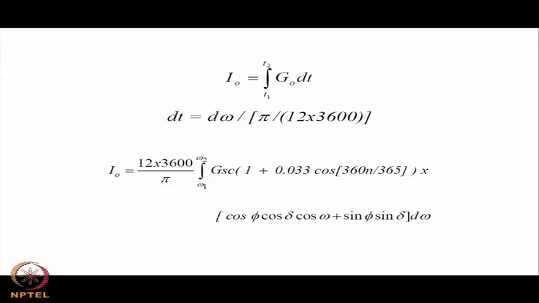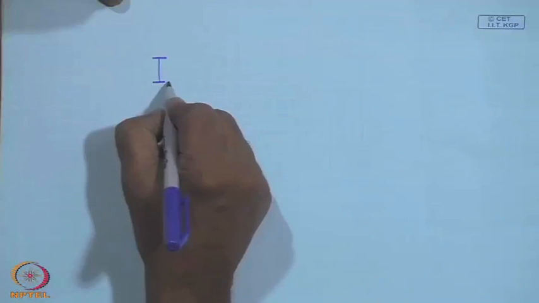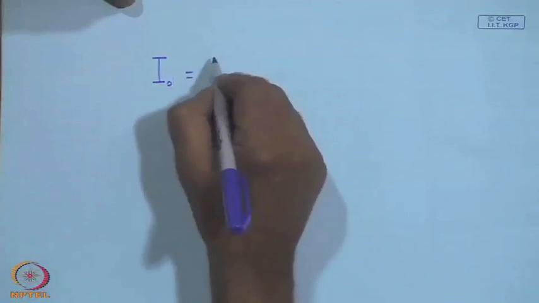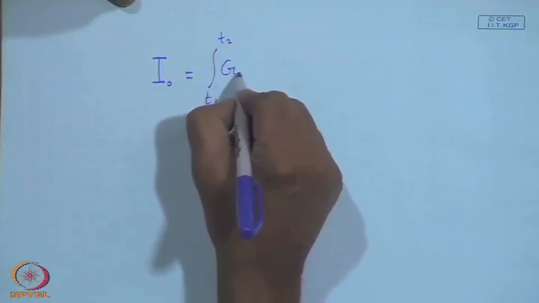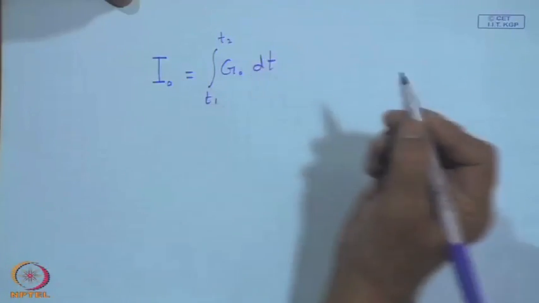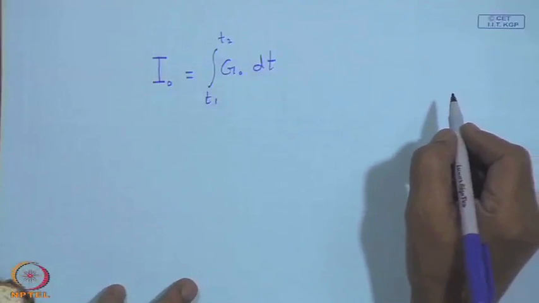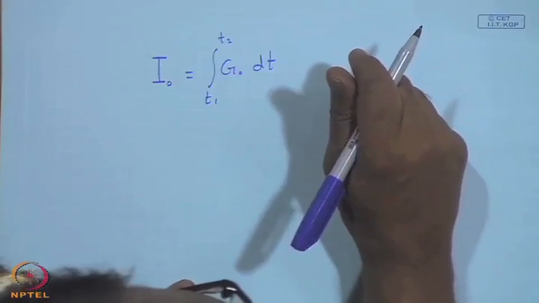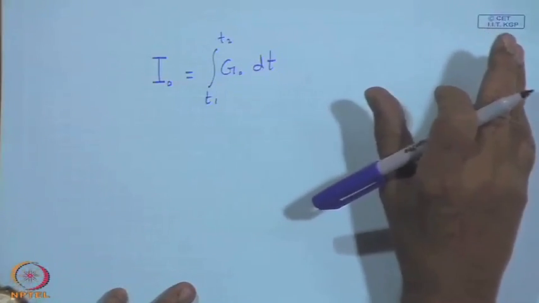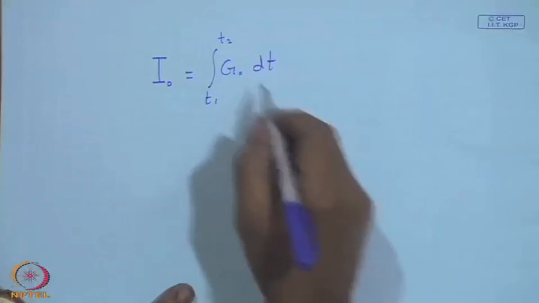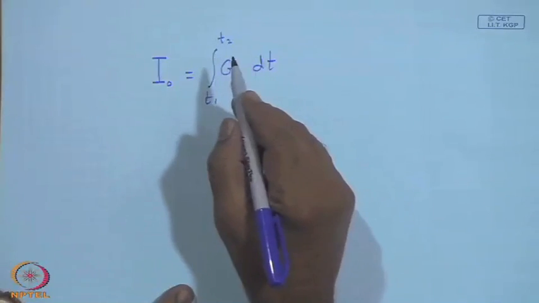Now, this is an intensity, and we know that intensity is varying with time. So, if I want it for any time interval, like the I we have introduced, we integrate G_0, which is nothing but G_on into cos theta z, where G_on is G_SC into that ellipticity part. But my function is in terms of omega.